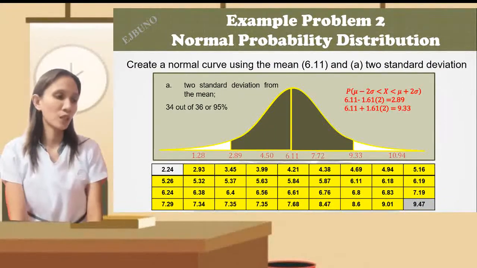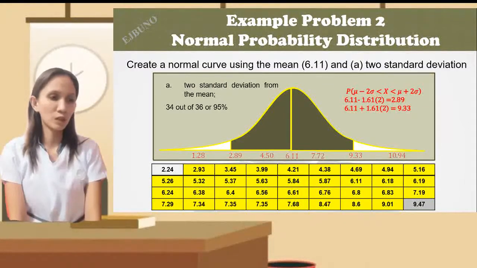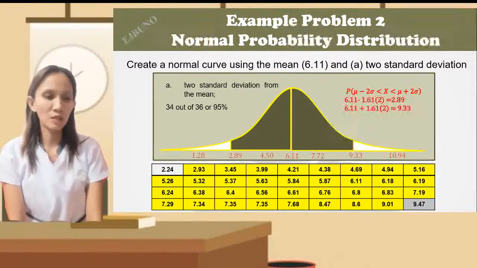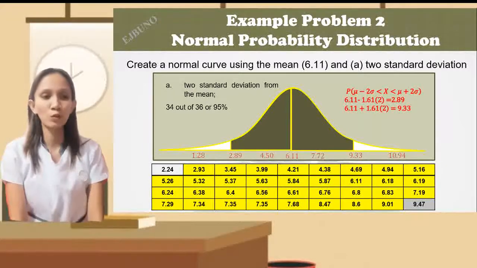And now you can see the next table and the next graph. They create a normal curve using the mean 6.11 with two standard deviations. So the formula is the probability of x greater than the mean minus 2 times the standard deviation and less than the mean plus 2 times the standard deviation. 6.11 minus 1.61 times 2 is equal to 2.89, and 6.11 plus 1.61 times 2 is equal to 9.33.